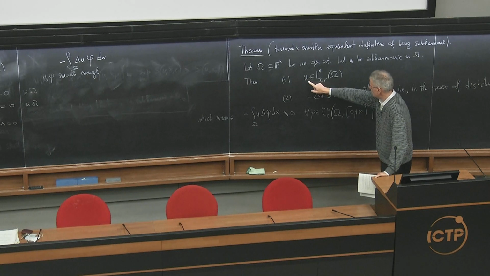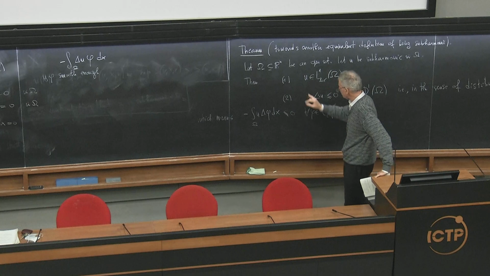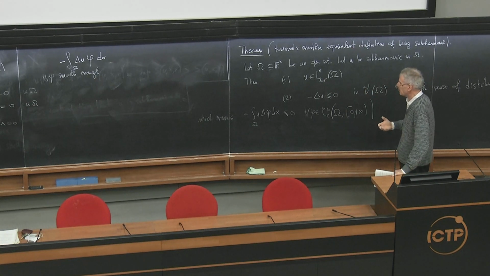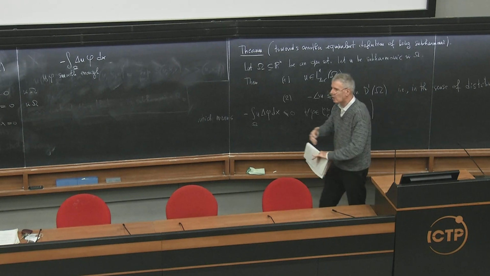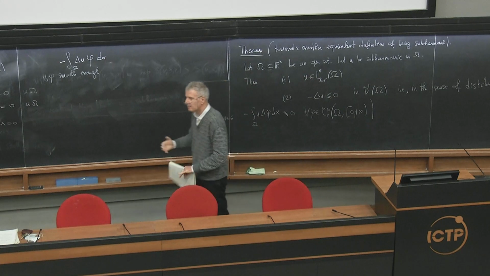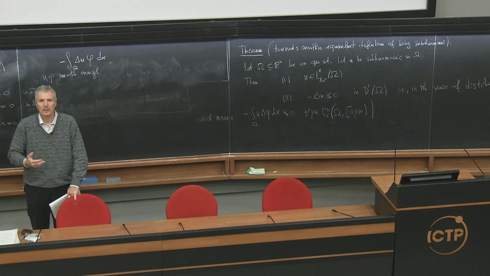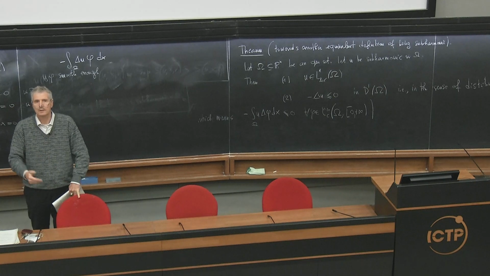Why is it natural to ask L1 loc, and not, for instance, L1 or L2 or whatever? This is another important point for understanding the meaning of embedding the L1 loc functions in the universe of distributions. Why L1 loc and not L1, L2, Lp?